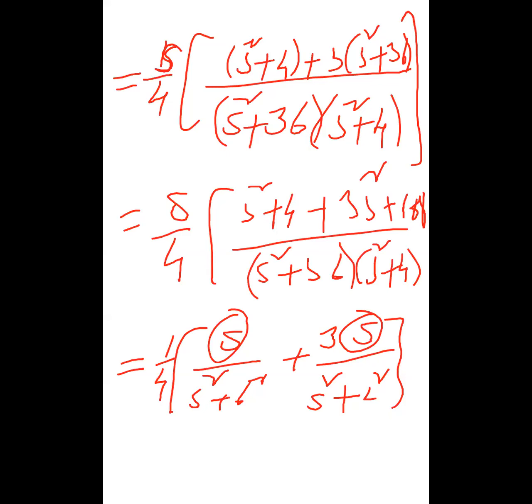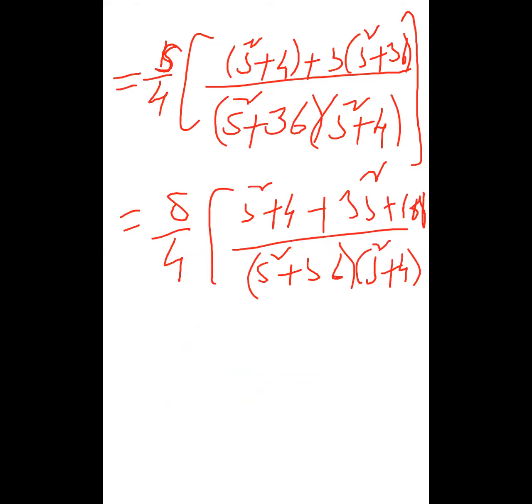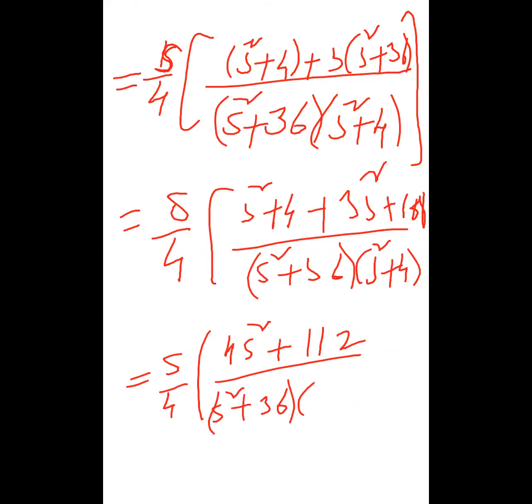So S square plus 3S square equals 4S square. S by 4 into 4S square plus 108 plus 4. So that equals 112 by S square plus 36 into S square plus 4.